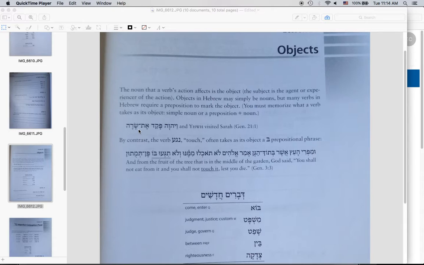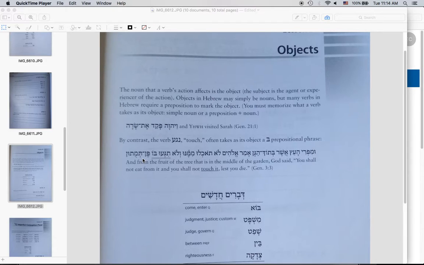In those rare cases, when the object does appear at the beginning of a sentence, it's because the author really wants to emphasize what the object is. So it's a real special object, and we really need to pay attention to it. So the author will break away from the normal word order just to emphasize the object, but that's rather rare. So here we have a simple subject, verb, object word order.